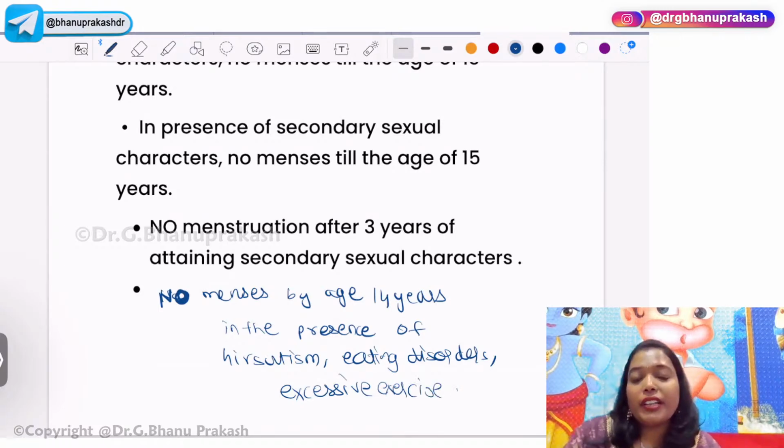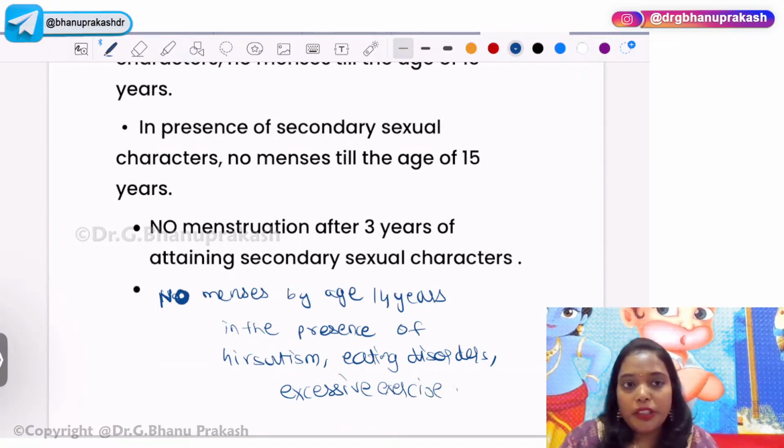That is PCOS going directly into primary amenorrhea. Okay.